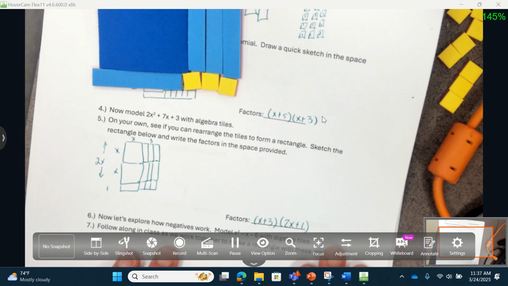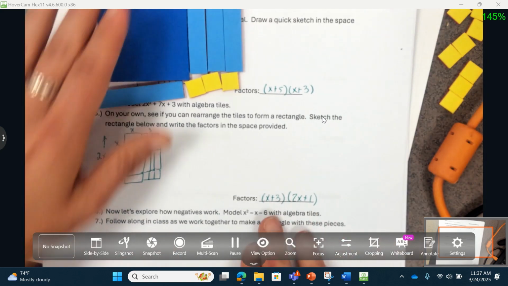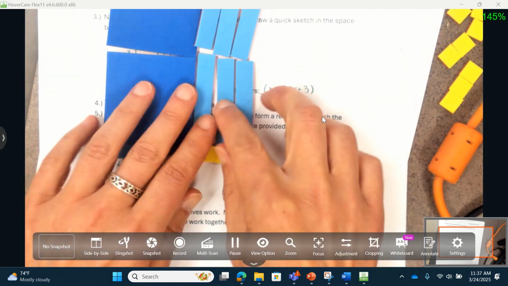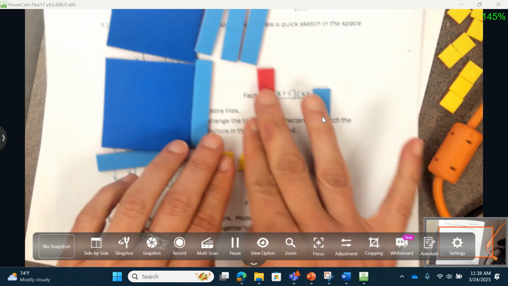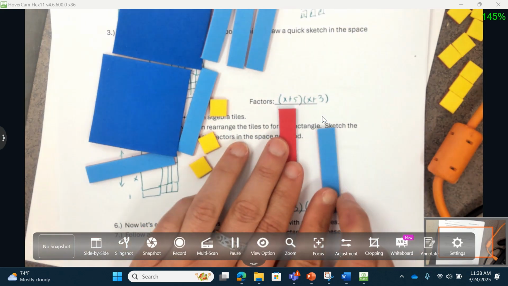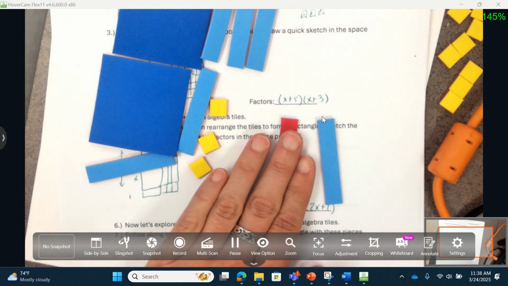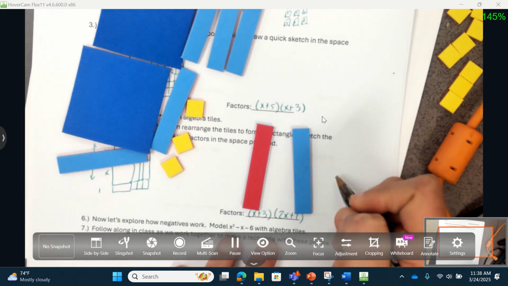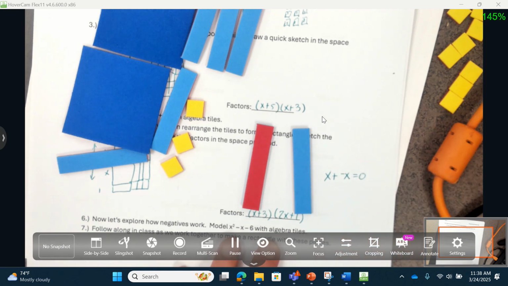So you might have noticed that the backside of these are red, and the red represents a negative. So if I flip over one of these rectangles, where this would be positive x, the red represents a negative x. Now what's really important with this is that you remember that x plus negative x is equal to 0.